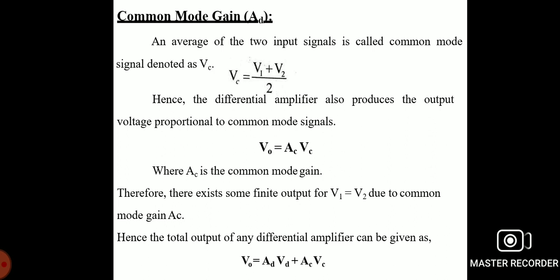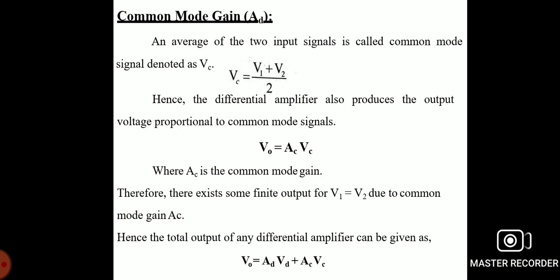The output voltage is equal to the common mode gain times the common mode voltage. Therefore, there exists some finite output even when V1 is equal to V2, due to the common mode gain. So the total output of any differential amplifier is the differential gain times the differential voltage plus the common mode gain times the common mode voltage.